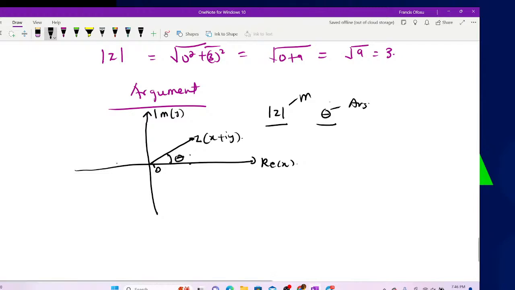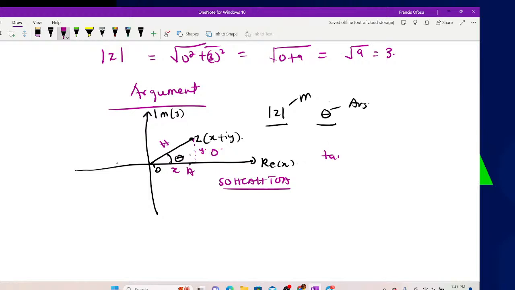So let's apply some trigonometry here. When I complete this, it forms a triangle, right? I'll have my x part and I'll have my y part. And you know about SOHCAHTOA, right? From SOHCAHTOA, this is the hypotenuse, this is the opposite and this is the adjacent. If you want to find this angle theta, you know that tan theta is simply equal to y on x.